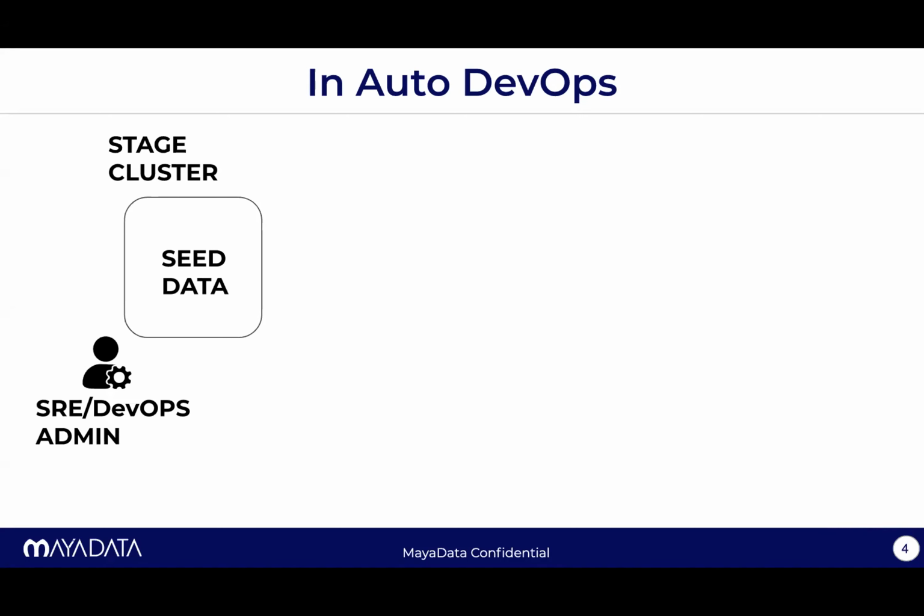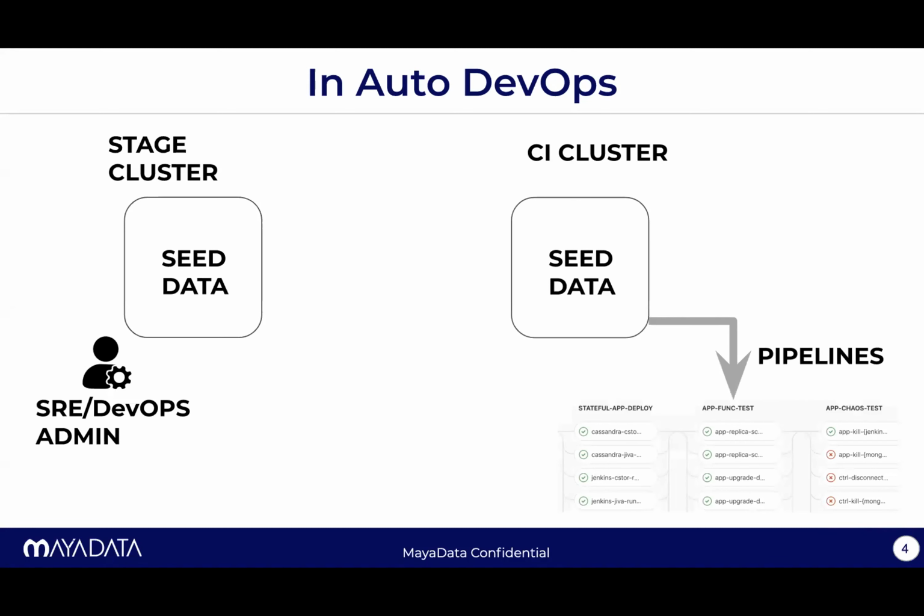This is done by DevOps, and this is pretty straightforward, which is already in practice. So what you need to be doing is get this seed data into your CI cluster where your pipelines are running.